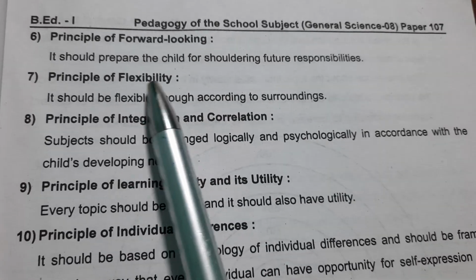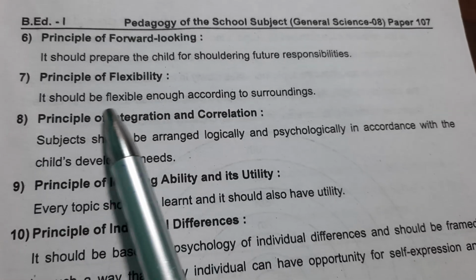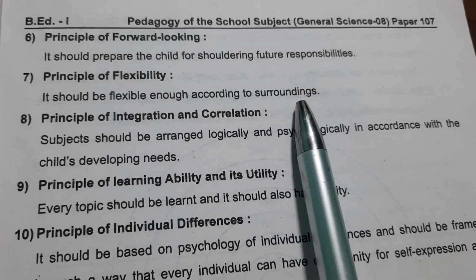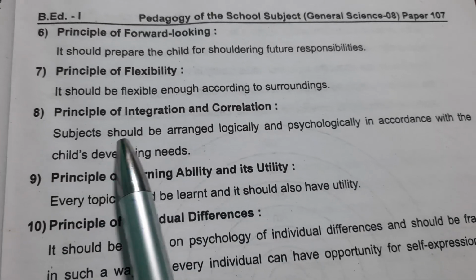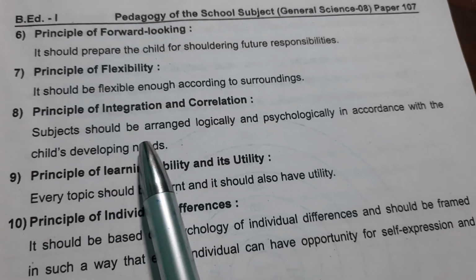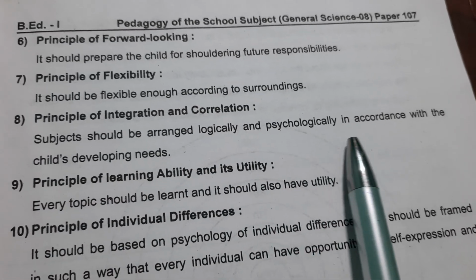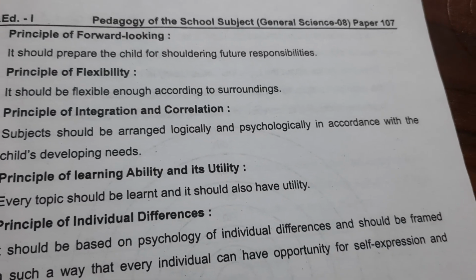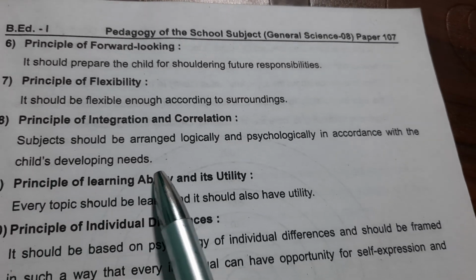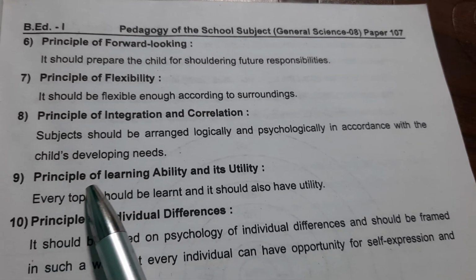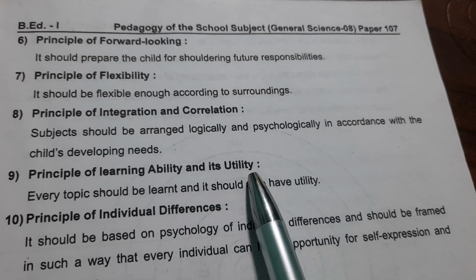Seventh, principle of flexibility. It should be flexible enough according to the surroundings. Next, the eighth one is principle of integration and correlation. The subjects should be arranged logically and psychologically in accordance with the child's developing needs. Next we have the principle of learning ability and its utility.